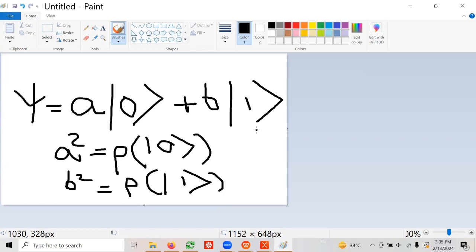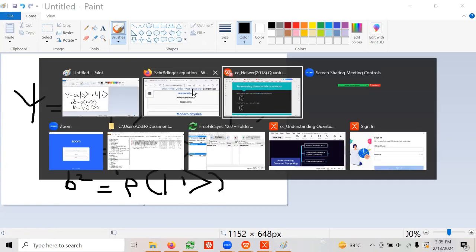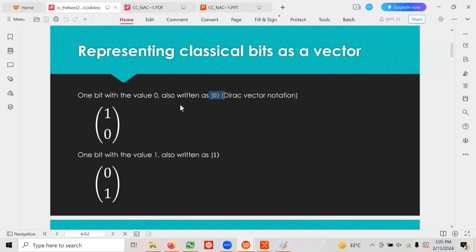So if I want to work with matrix multiplication, I have to work with vectors, right? So now I have to create a vector representation of a state. So if this is head, this is tail, this is my vector representation. Representation of 0 is 1, 0. This is a qubit, and so is this, but this is in linear algebra representation.